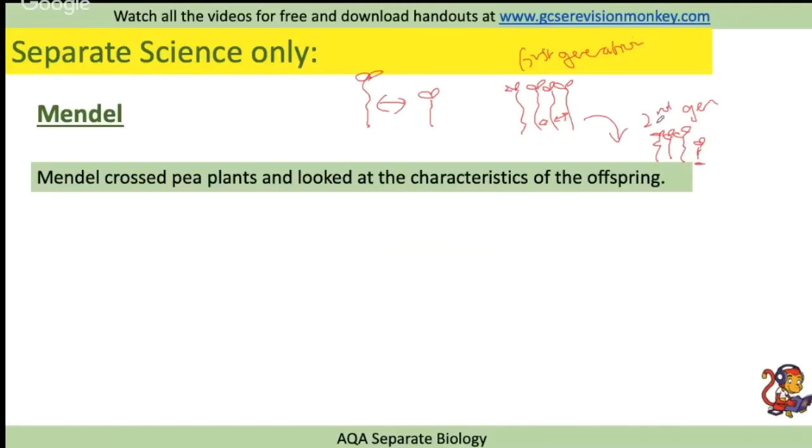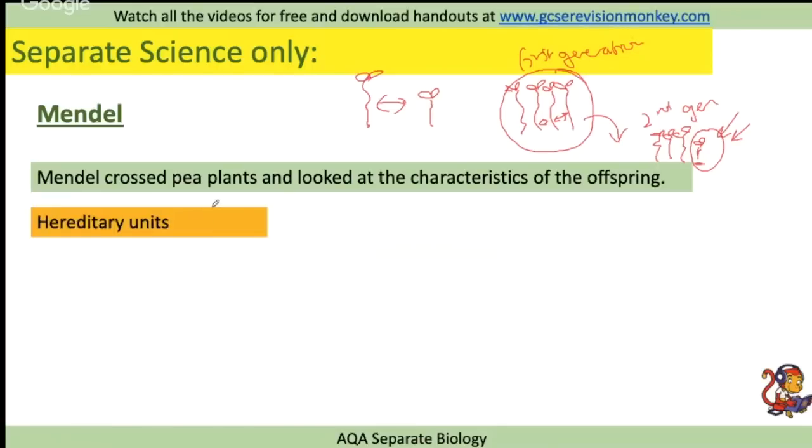Now, he's the father of genetics, really, because he started understanding that the fact that the first generation were all tall, but some small came out in the second generation, they must be having some sort of units that are being passed down from generation to generation. So he called these hereditary units. He did not know about genes or DNA at that point.